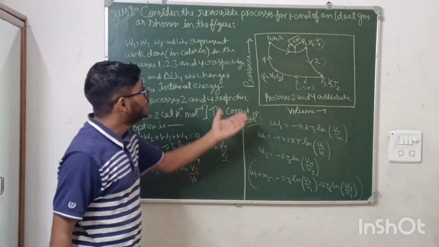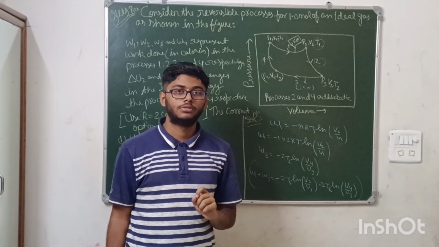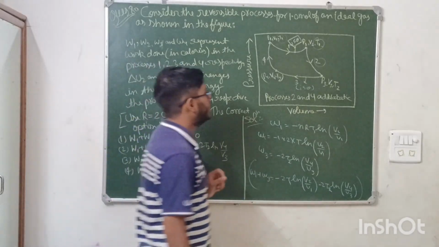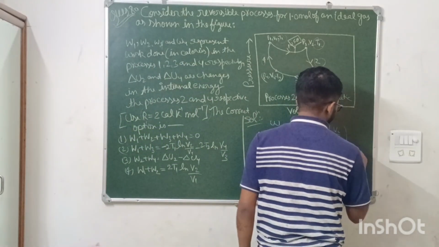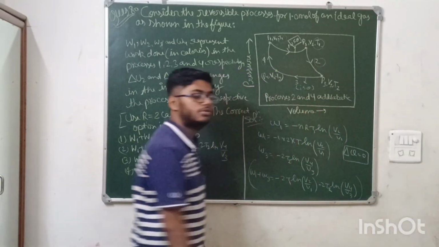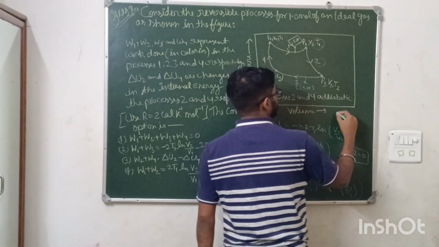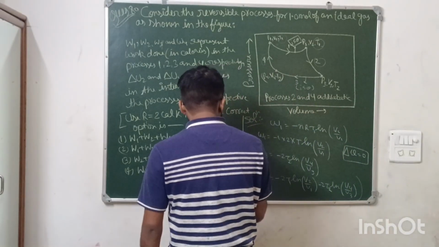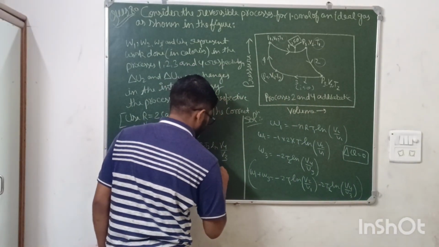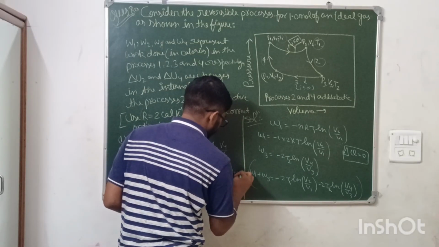What about process number 4 and 2? They are adiabatic processes. Getting my point? In an adiabatic process, the change in heat is 0. According to the first law of thermodynamics, delta Q is equal to delta U plus work done.